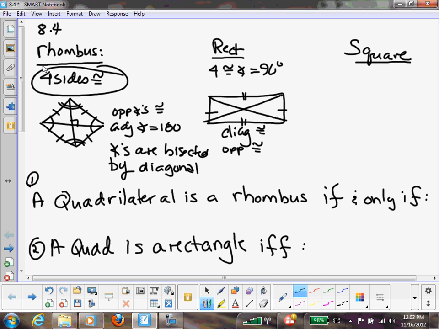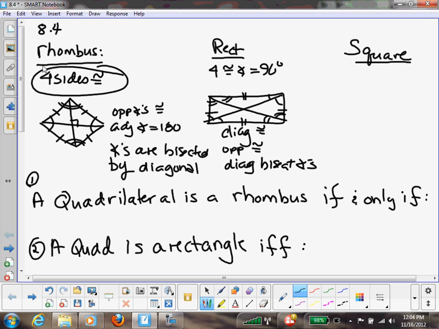I kind of didn't say it, but it is understood. And then in this case, because we've got right angles, the diagonals bisect the angles. So these two are the same. These two get bisected also. So this is one of the few where the diagonals bisect.